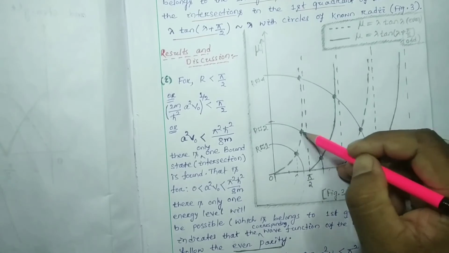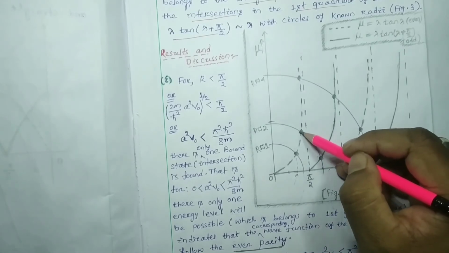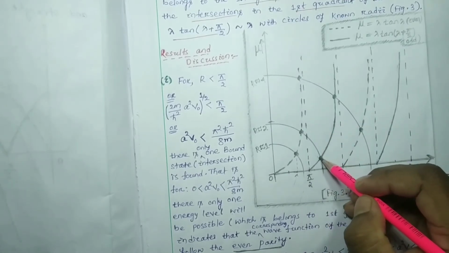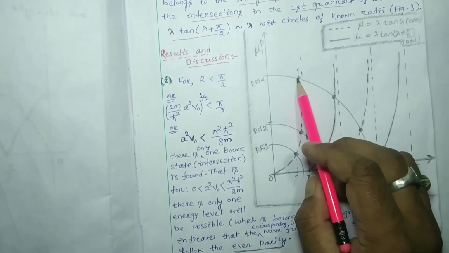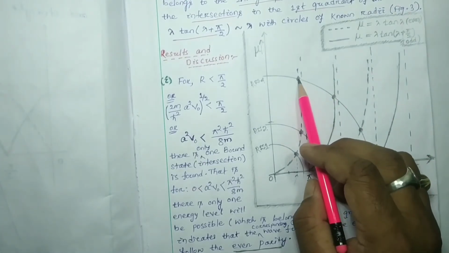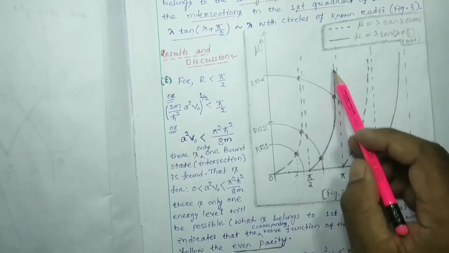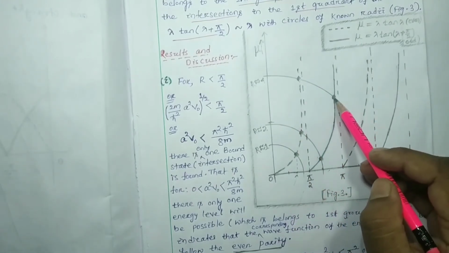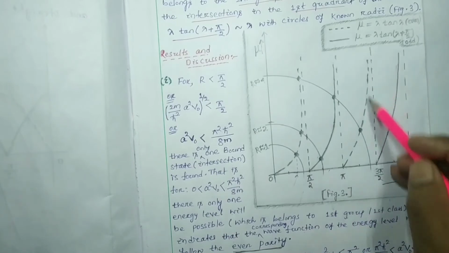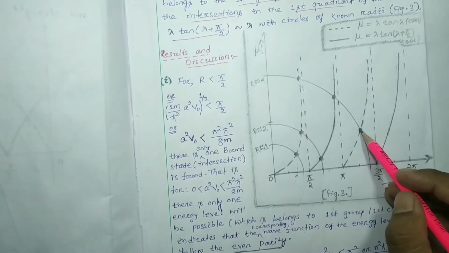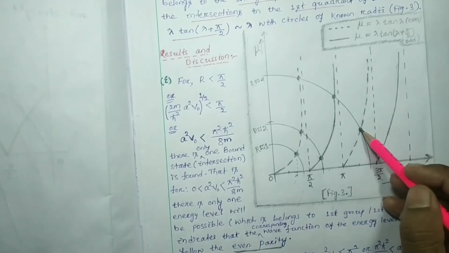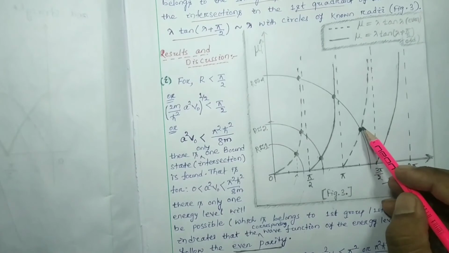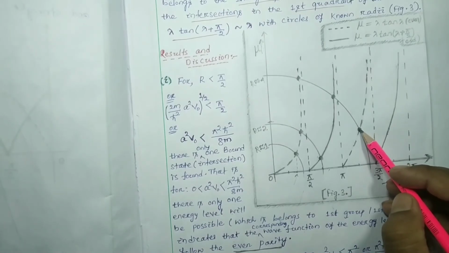For this one, two cuts, one even parity solution and one odd parity solution. For this circle, we can find three intersections. One even parity solution cuts with the second class, the odd parity solution intersects with the even or first class solution, and for this intersection we get the even parity solution.